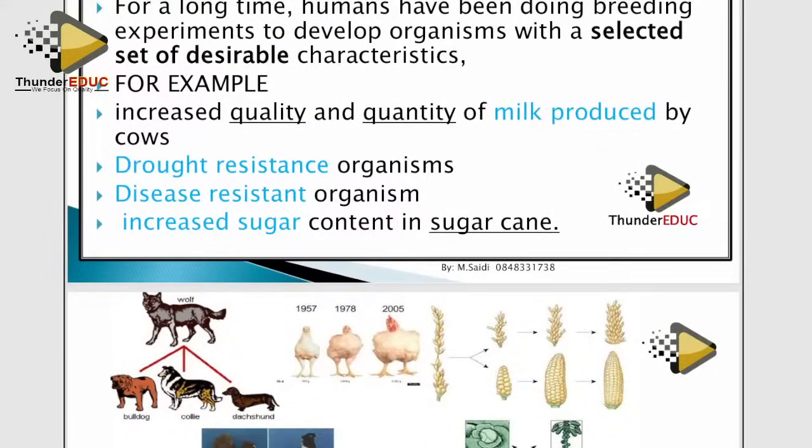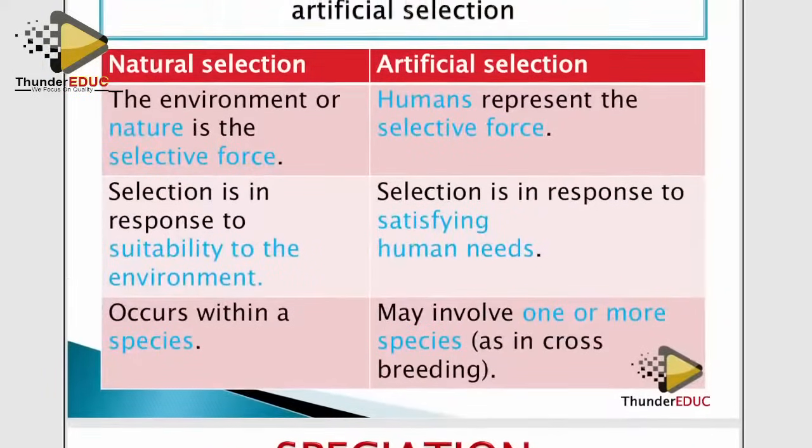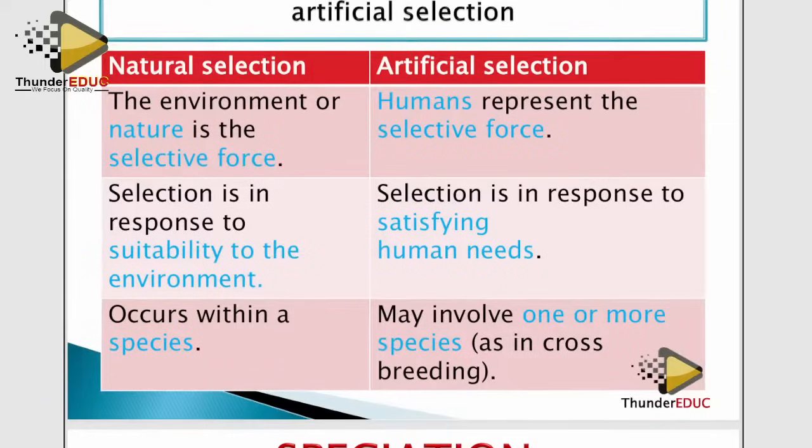So please, you have to know how that operates. What are the differences between natural selection and artificial selection? In natural selection, nature is the selecting force, while here the human is the selecting force. Do you understand? Selection is done to be able to adapt to the environment. That's natural selection.